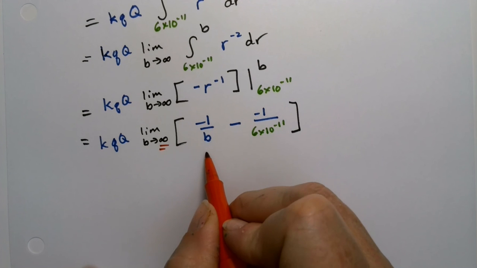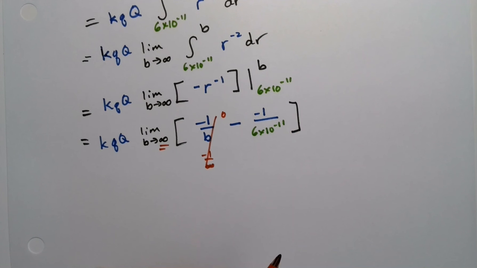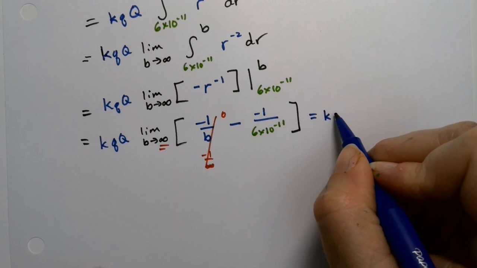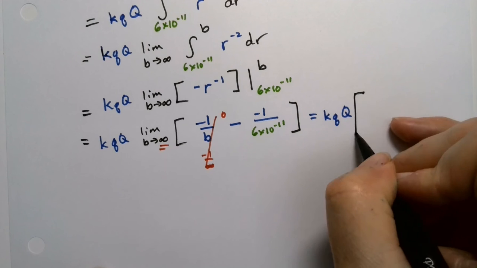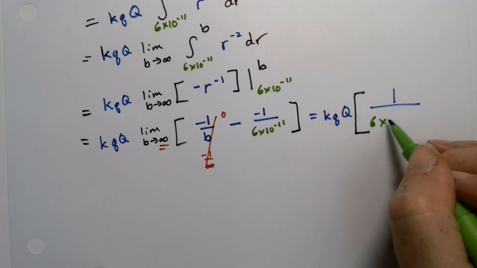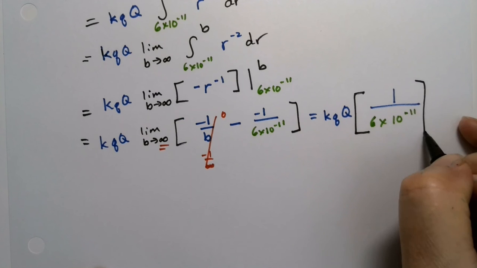When you put infinity in, this will be negative 1 over infinity, which is a big fat 0. So it's going to go away. So that means that I have KQQ times 1 over 6 times 10 to the negative 11. Sorry, it's very tiny.